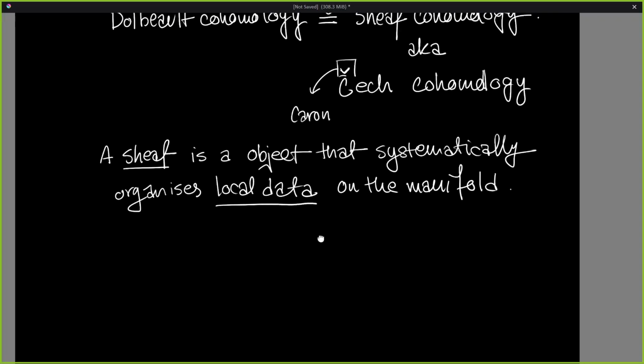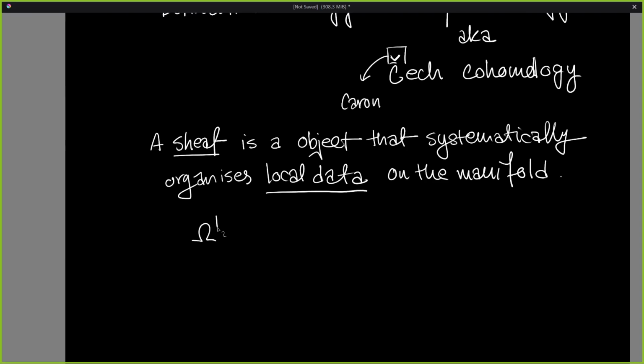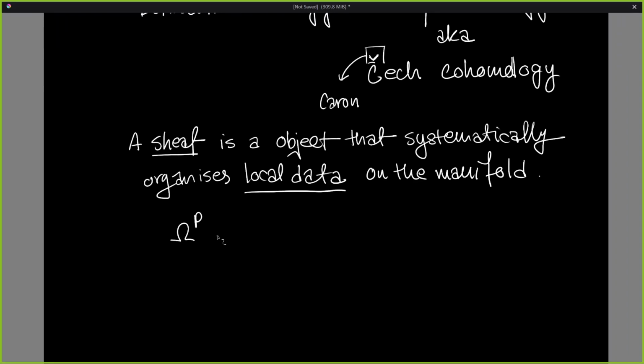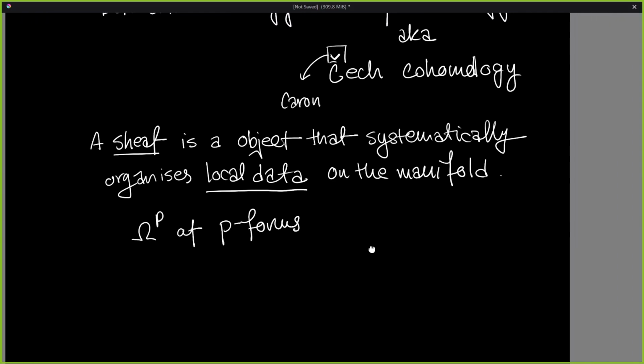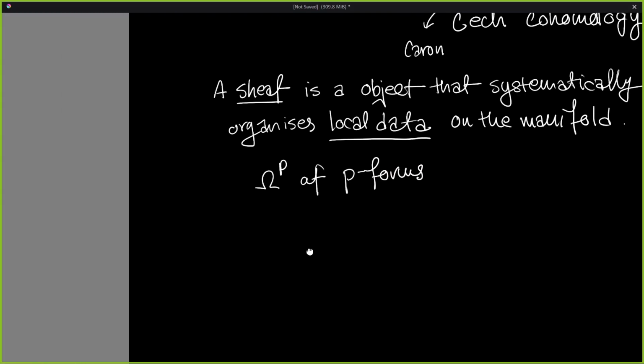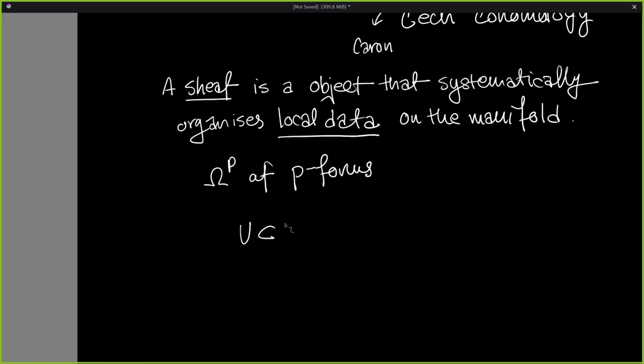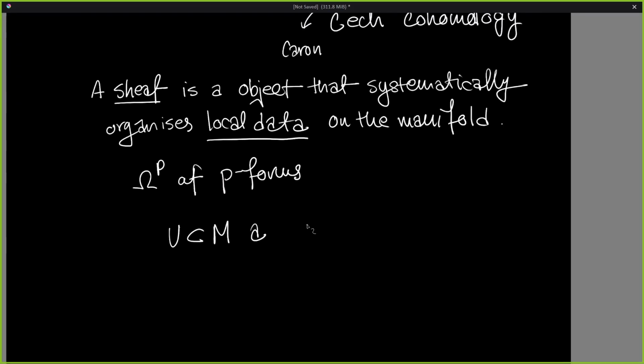So we have a sheaf called omega p, which is the sheaf of p forms. This assigns to each U subset of M, well, now we have the manifold structure, right?